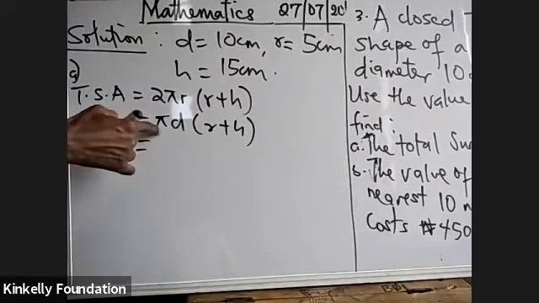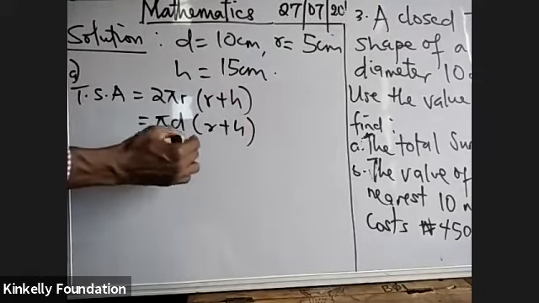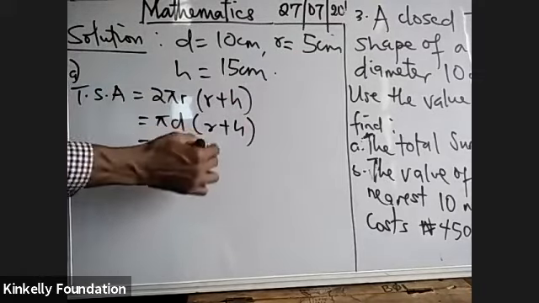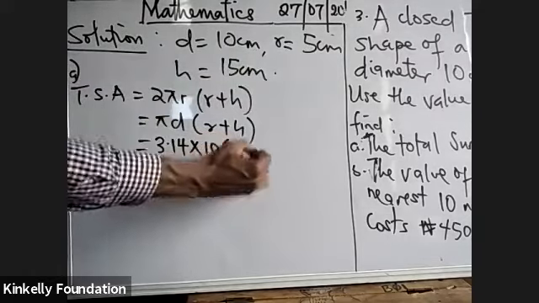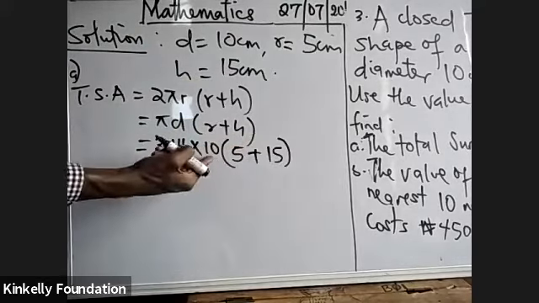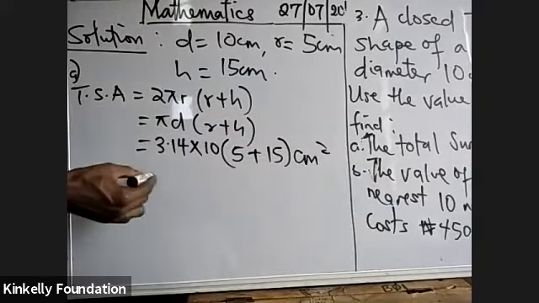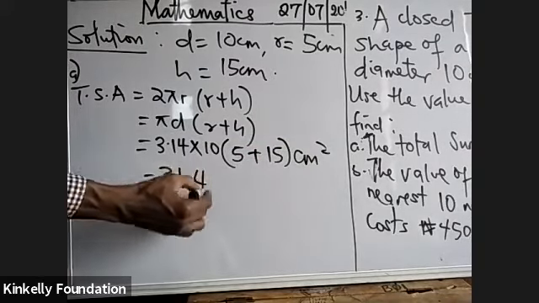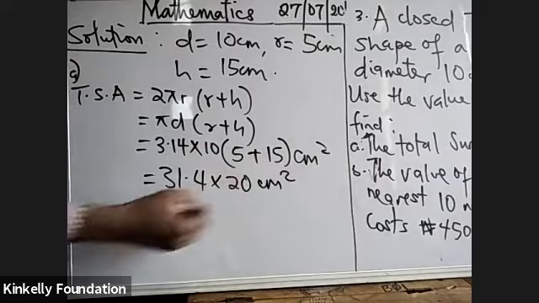So what is this given as? 3.14 from the equation. Diameter is 10. R is 5, plus 15. Cm times cm, which is cm squared. So this is 31.4 times 20 cm squared.